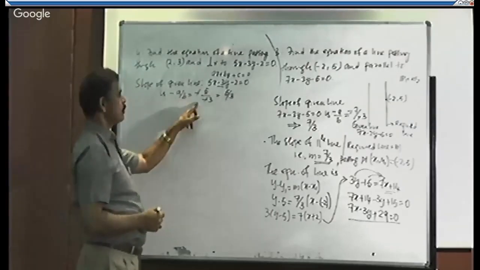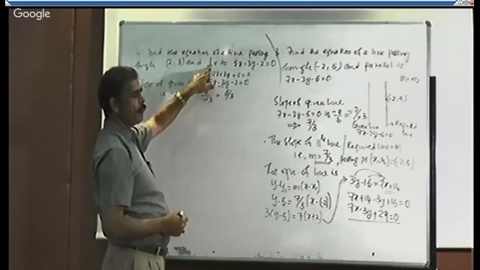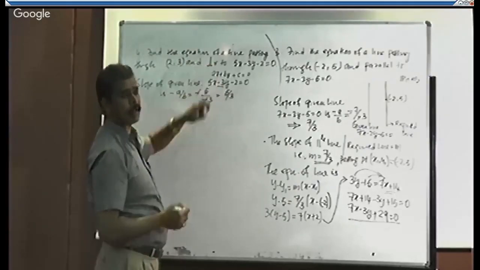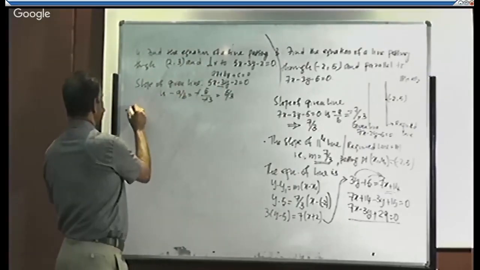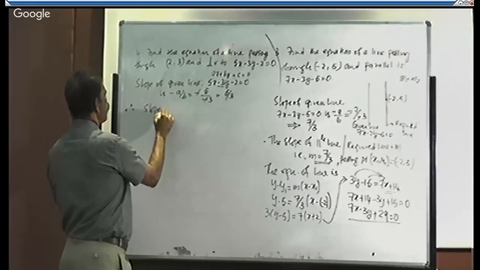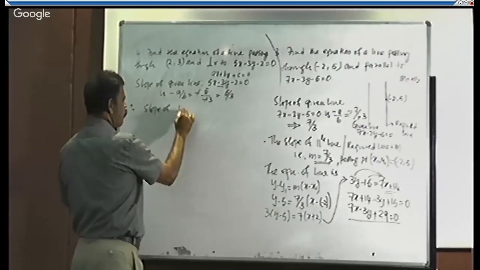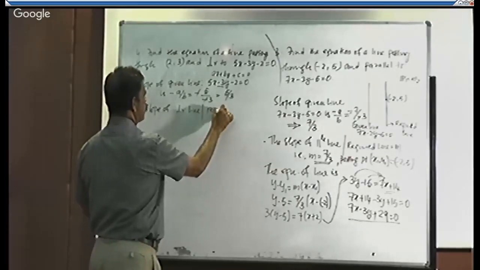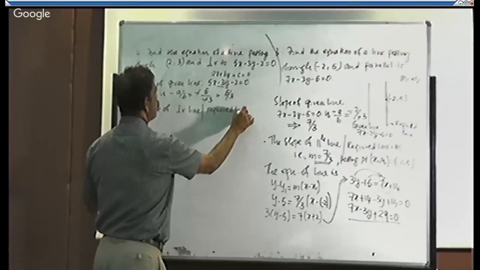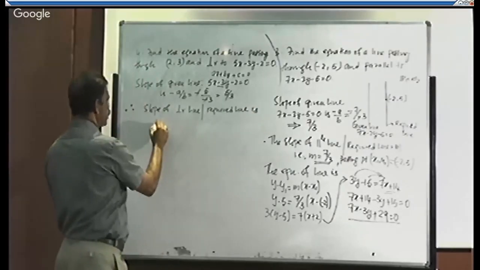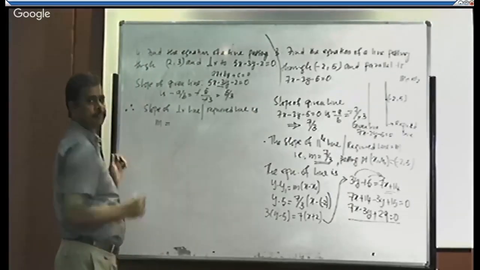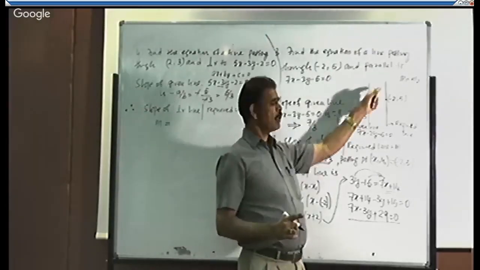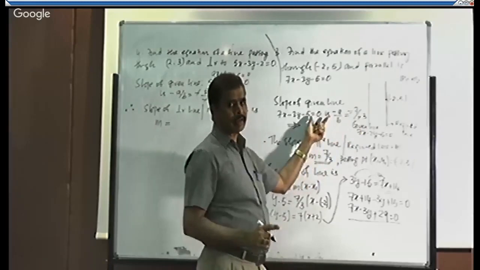With this, we have to calculate the slope of the perpendicular line. Therefore, the slope of the perpendicular, or required line, is considered as m, that is equal to. For parallel, we take the same value as obtained for the given line.